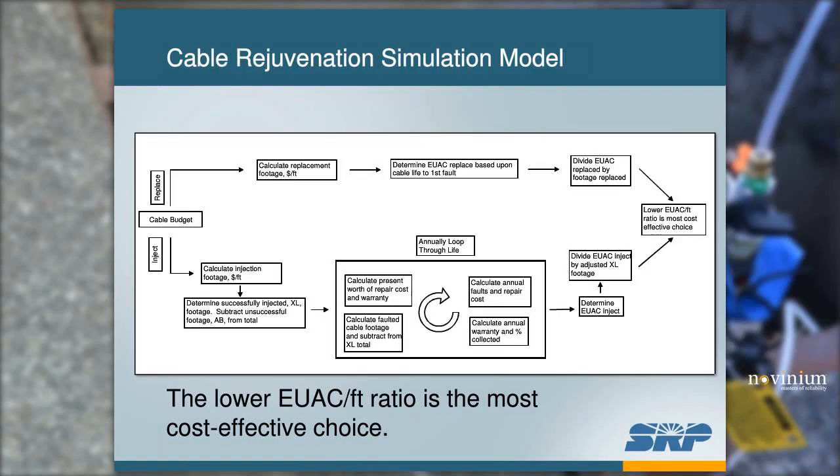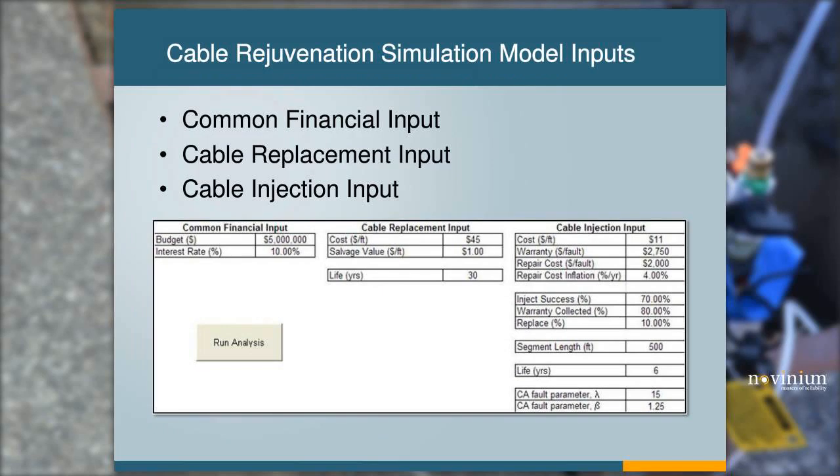For every cable that faults, we're going to subtract out a certain amount of footage from that cable, and it can vary anywhere from 0 to 100%. And then we're going to calculate a present value, then roll that up into an equivalent uniform annual cost, again, divide by that remaining viable footage, and then again compare that equivalent uniform annual cost per foot to the replacement.